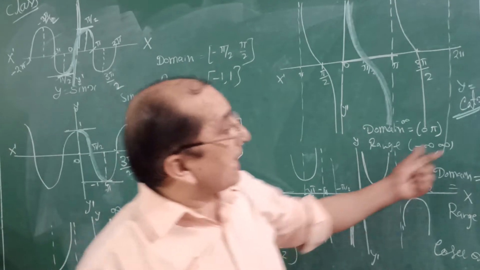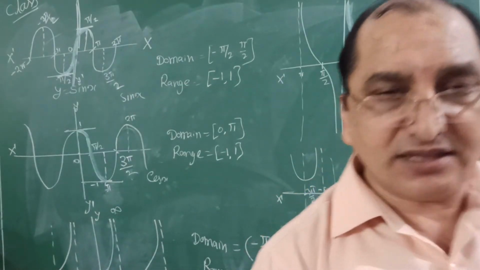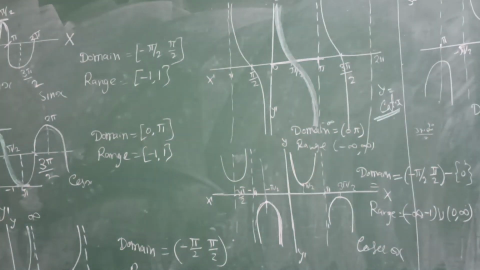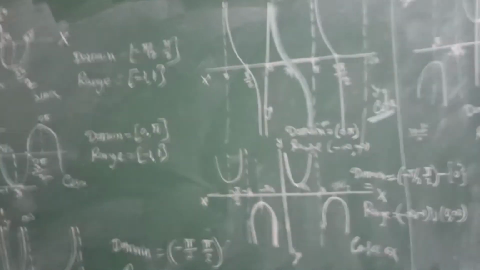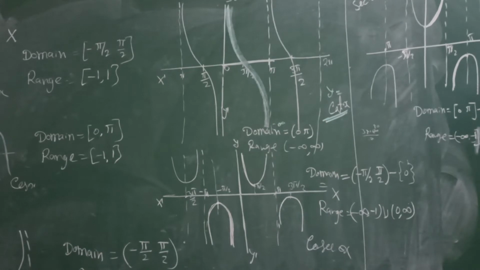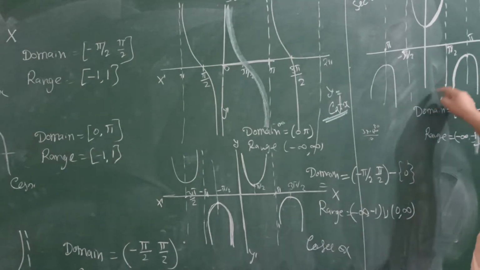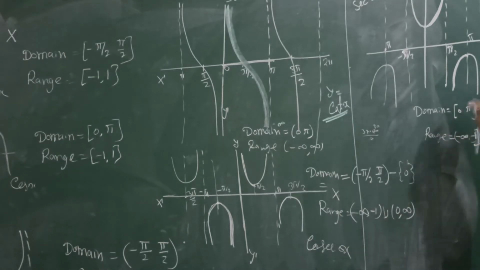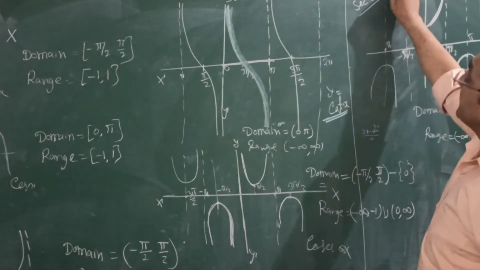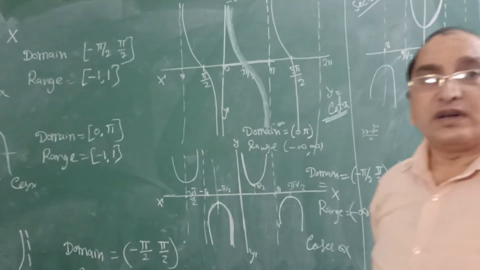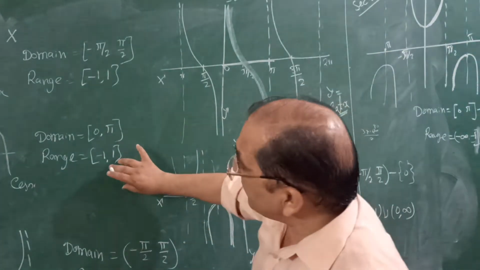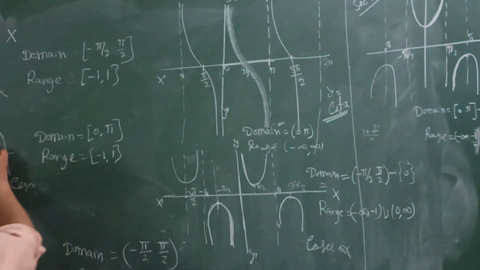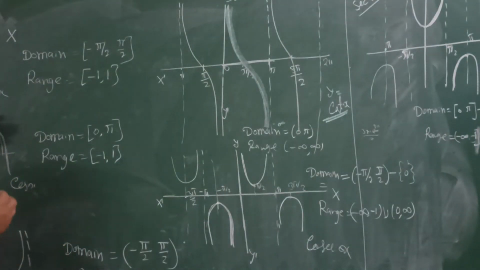Now see, let us check the sec graph. This is sec x. How will sec and cosec come? This is just a reciprocal, so we can flip the cos graph. The cos graph will flip, meaning the downward part will flip upward, and it will come like this.